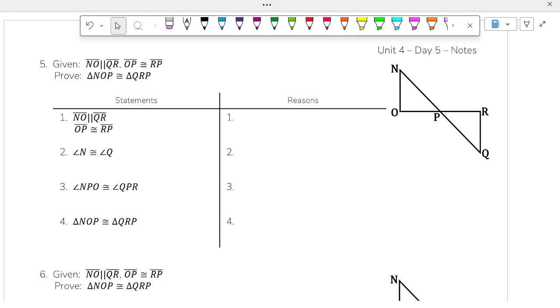Something in this statement points to this. Well, we need to run parallel lines.